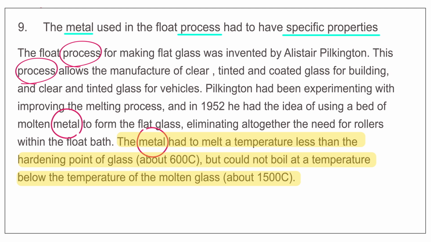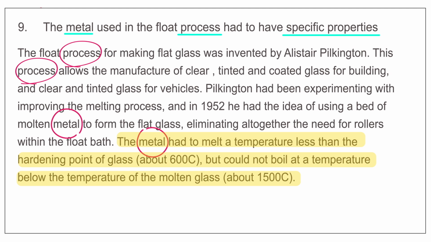So we have kind of found the answer, but we're not sure. Let's read the question again. The metal used in the float process had to have specific properties. All right, this information about the hardening point of glass, is that specific or not?